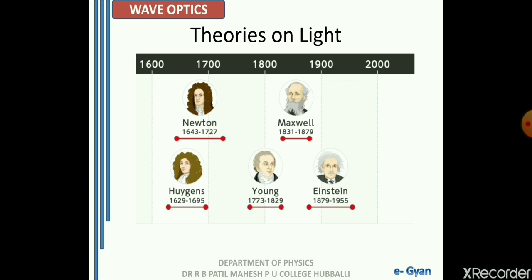The first is Isaac Newton, second Christian Huygens, third Thomas Young, fourth James Maxwell, and fifth Albert Einstein. Now let us try to understand one by one what these eminent scholars have said about light. What are their theories?